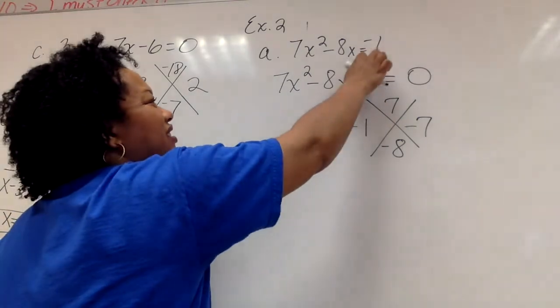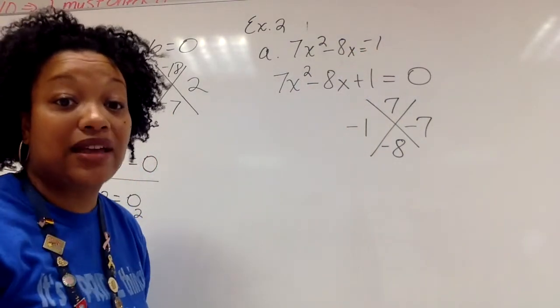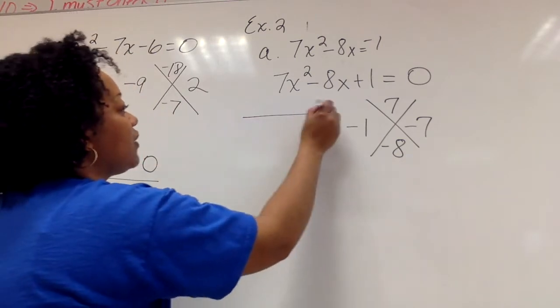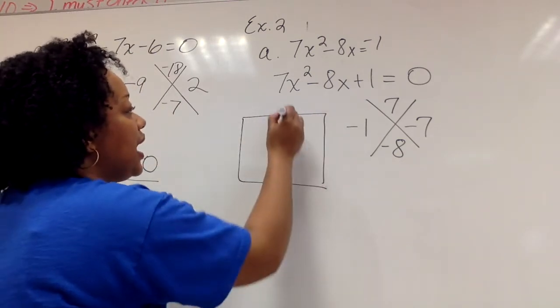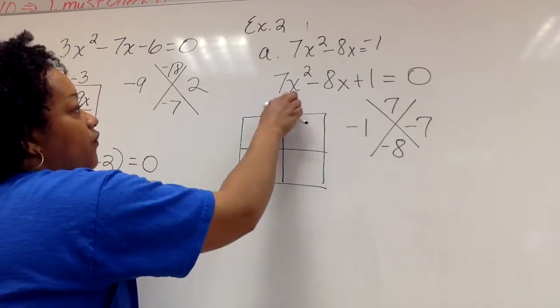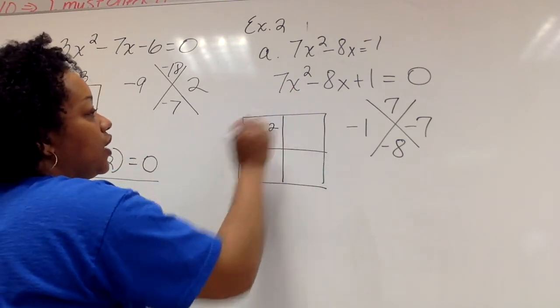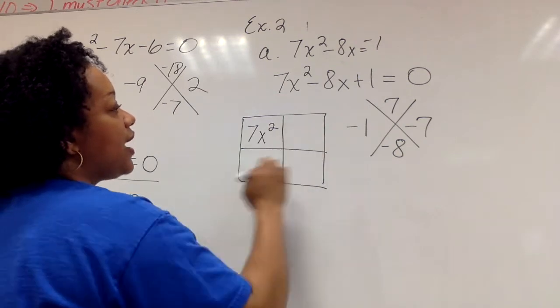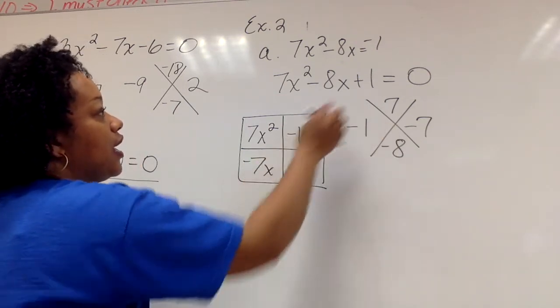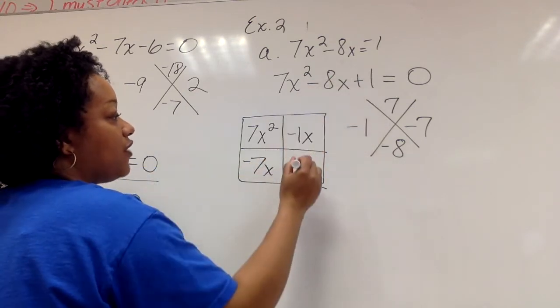You just have to do this little step, and you got to do it correctly, and then everything else is the same. So we'll just keep going real fast, because the more you guys do of these Xboxing, the better you will get. All right. First term, 7x squared. Diagonals, put in from my x. Last term, last box.